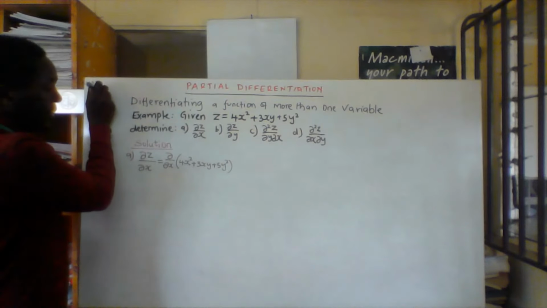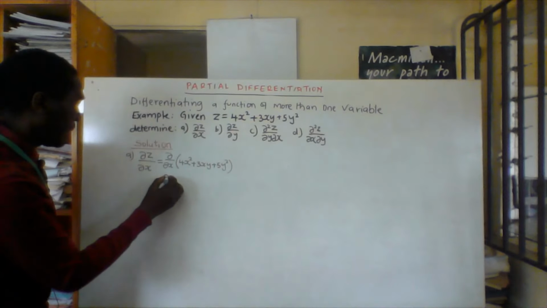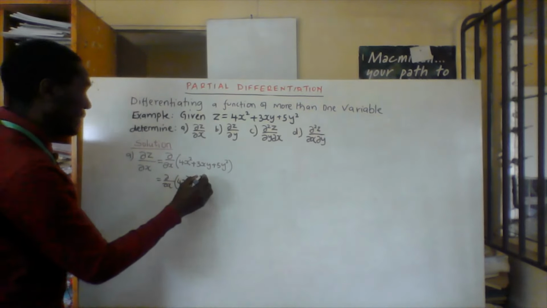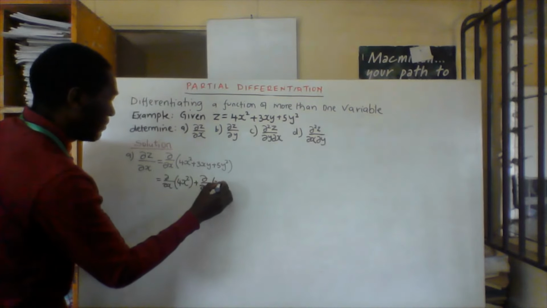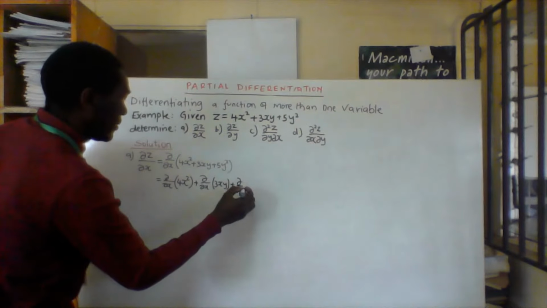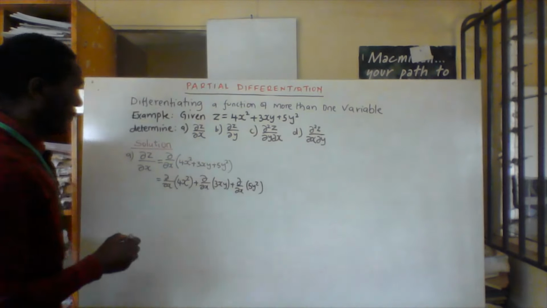Then we are going to partially differentiate each of the terms, so that we have the partial derivative with respect to x of the first term 4x squared, plus the partial derivative with respect to x of the second term 3xy, plus the partial derivative with respect to x of 5y squared.